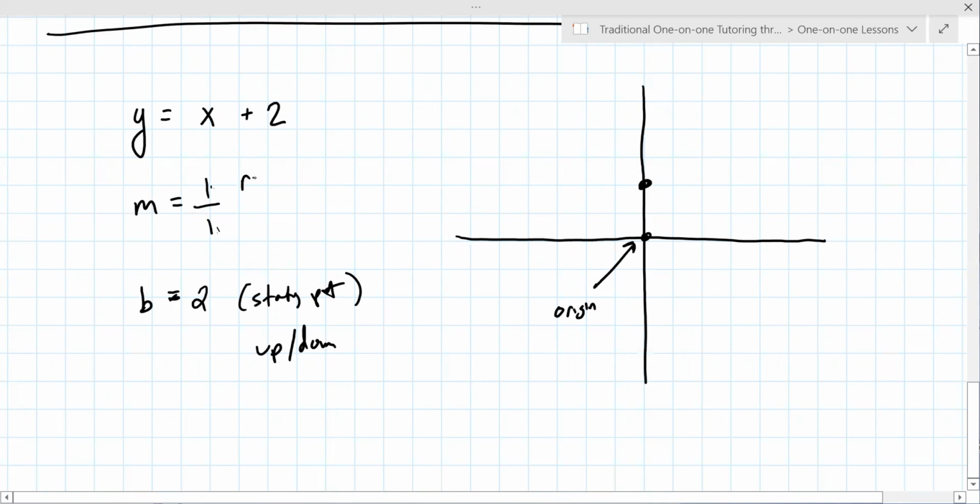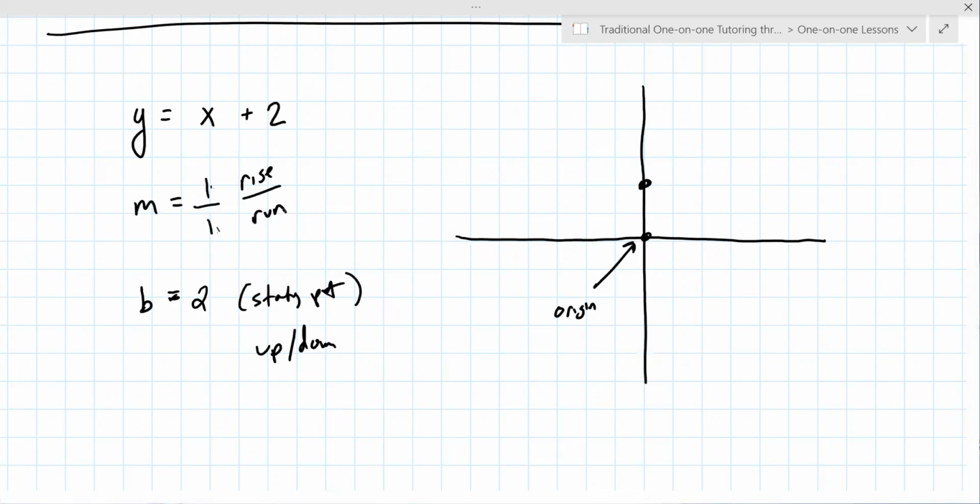The slope tells you the rise over the run. Do you remember seeing that in class? Rise over run. You start at the origin, but your b tells you how much up or down to go, so we go up 2.